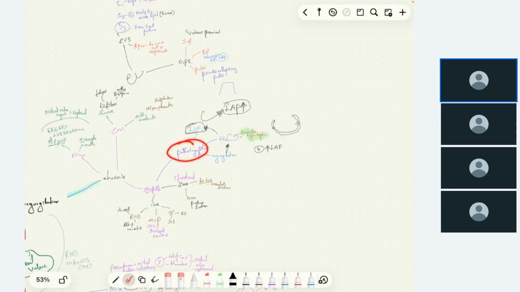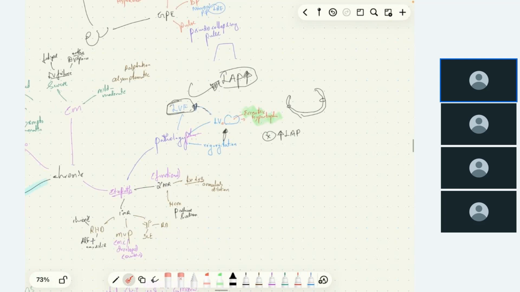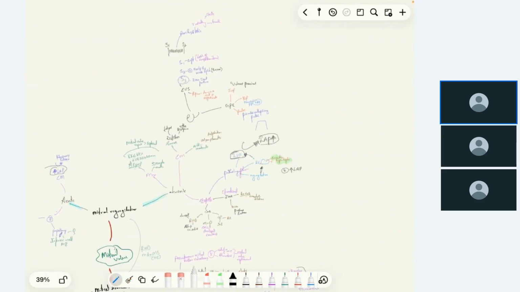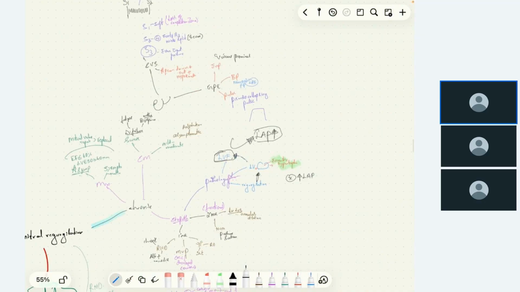In MR, mitral regurgitation, there is regurgitation during systole, leading on to increased blood coming into the left ventricle, following the blood going into the left atrium and coming back to the left ventricle, leading on to eccentric hypertrophy of the left ventricle, which will eventually lead on to left ventricular failure. After left ventricular failure, we can have increased left atrial pressure. So this is about the pathophysiology in case of MR.